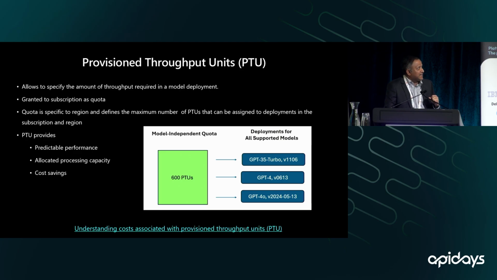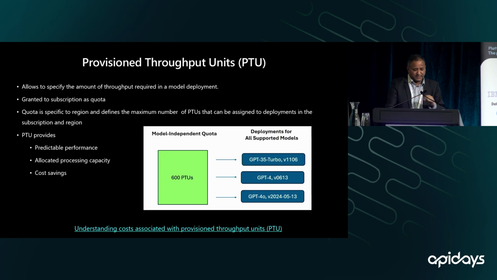Now, assume that I'm using multiple of these models for my use cases, and I don't want a situation where I exhaust the limit at the model deployment and I want to utilize something at a higher level. So I can use this concept called provisioned throughput unit. This allows me to reserve the token capacity at the subscription level and at the region level, which is like at the data center level.